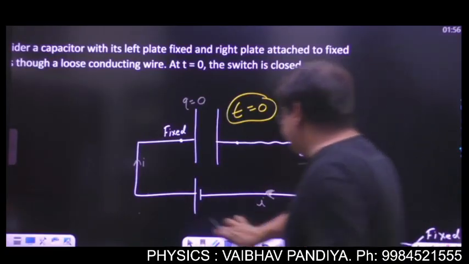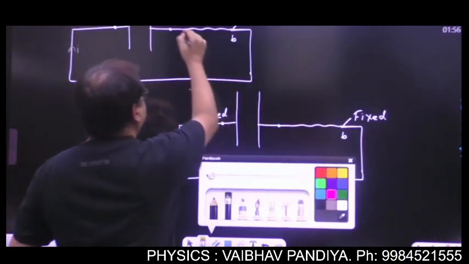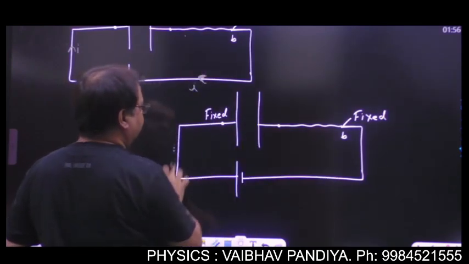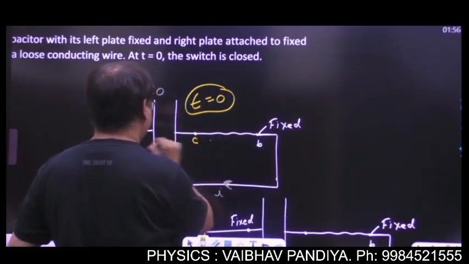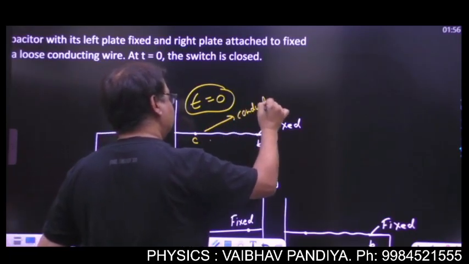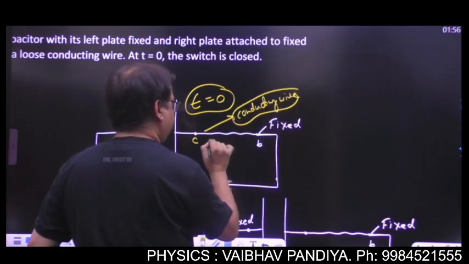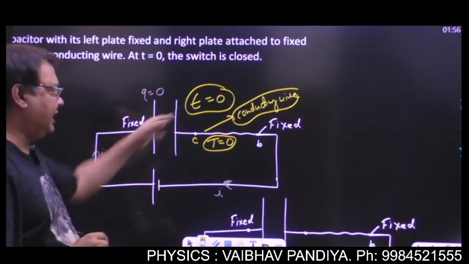Now for any time, here, you see the string will be loose. This is the conducting wire, from B to C we have a conducting wire, and here the tensile force will be 0 because this plate has no tendency to get pulled at t equal to 0.